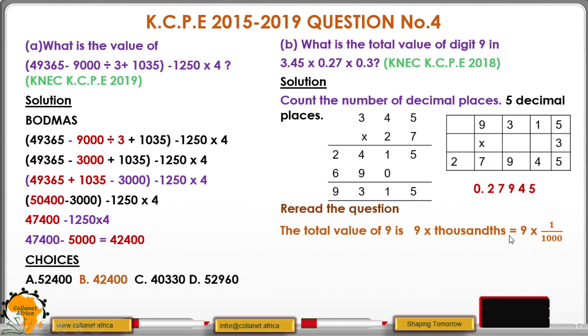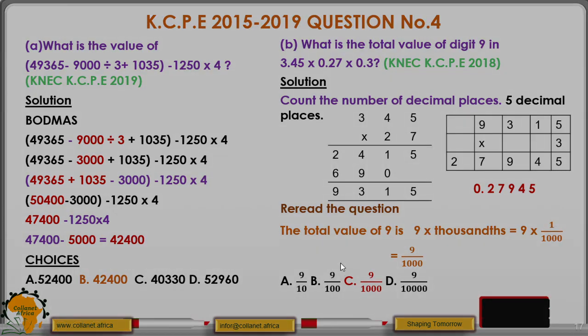So this is the meaning of that. When you multiply, you get 9 over 1000, or 0.009. So that is the answer. So it is important to read the question so that you don't miss at this point.